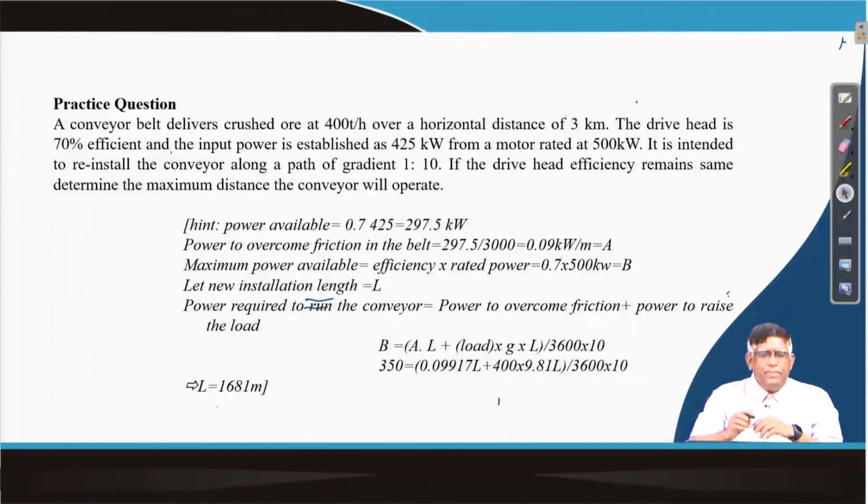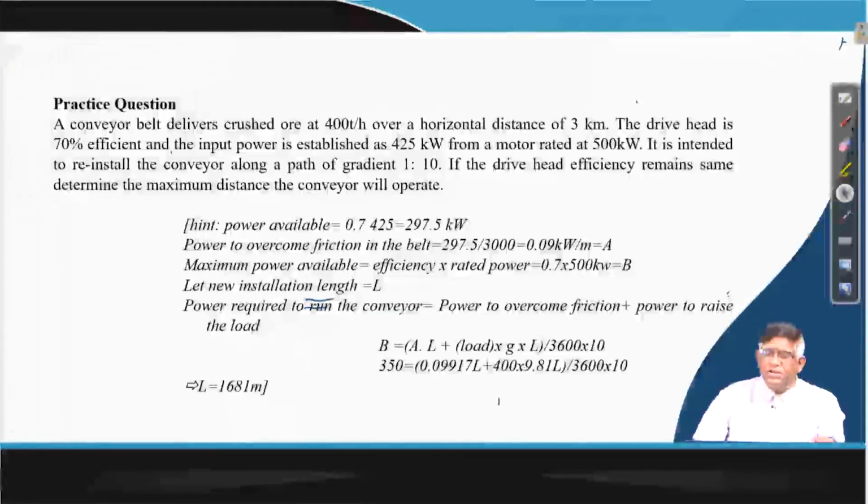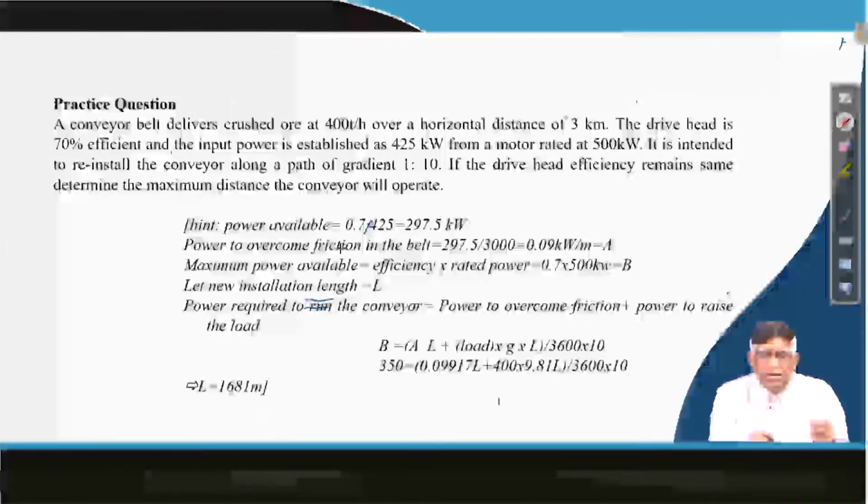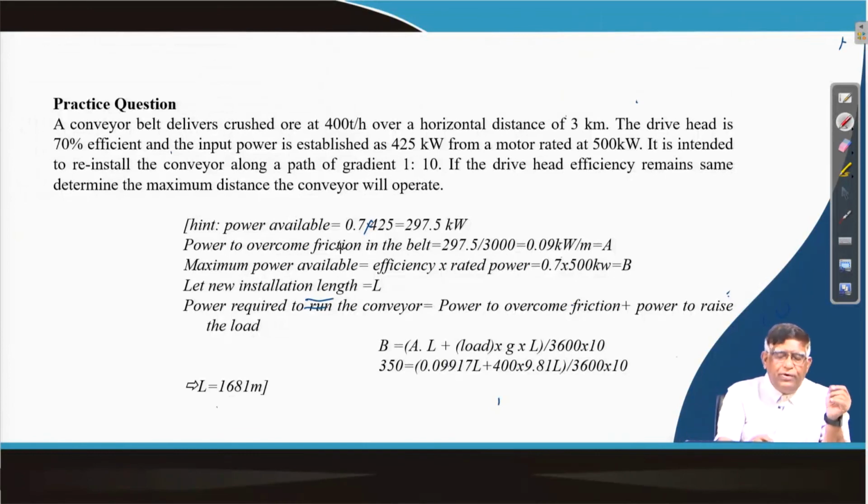So, what you can do is find out the power available, where 70% is the efficiency given. This gives you the 425 kilowatt motor, so your available power is given here. Then you determine the power to overcome the friction in the belt, and find the maximum power available from the efficiency and the rated power.